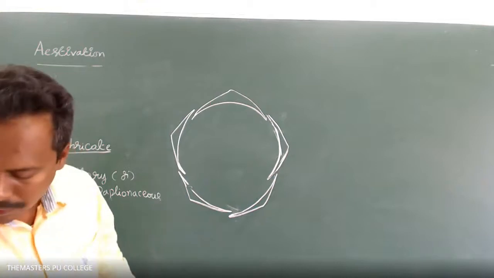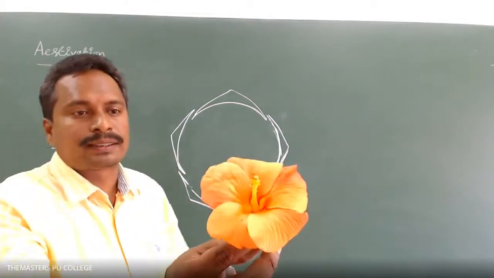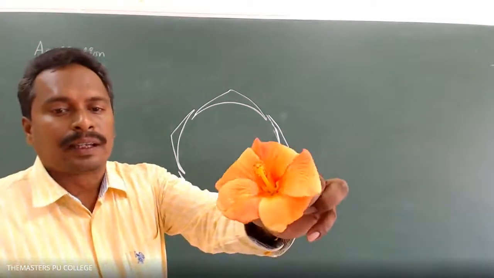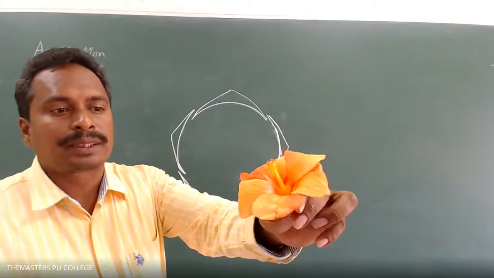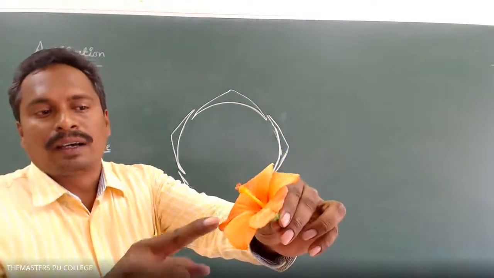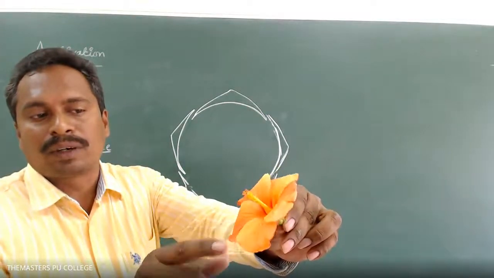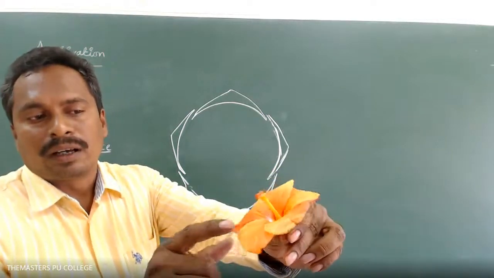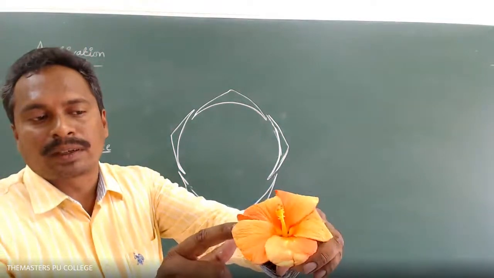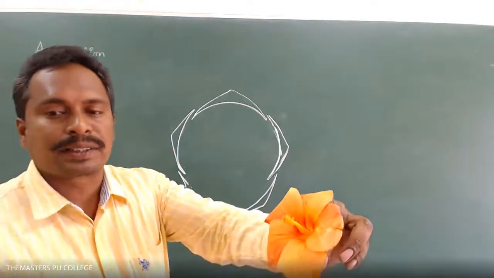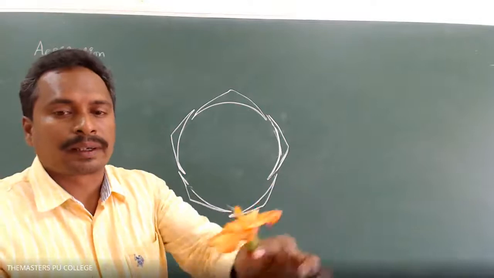Look here. We have already seen this, the arrangement of the petals in a Hibiscus rosa-sinensis flower. In this flower, for each member, one edge is present outside and another edge is present inside, in one particular direction.